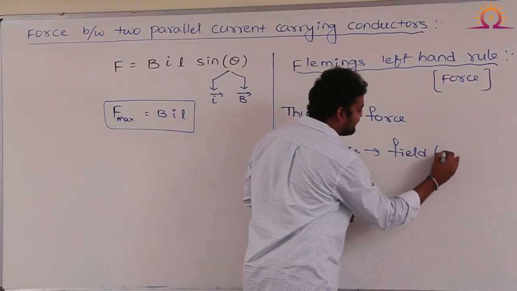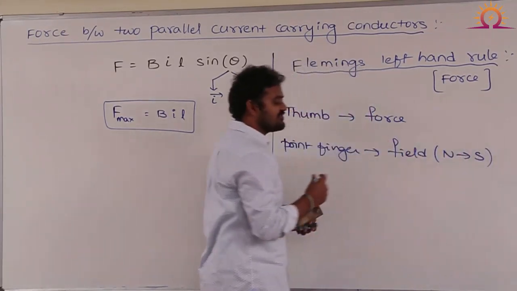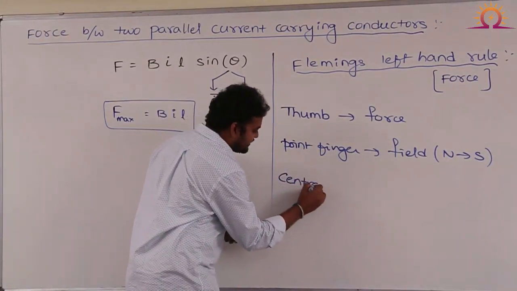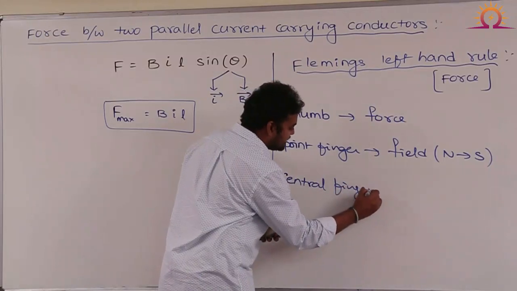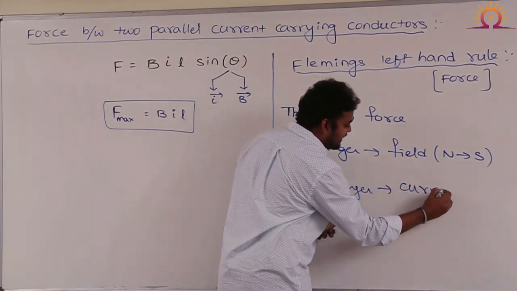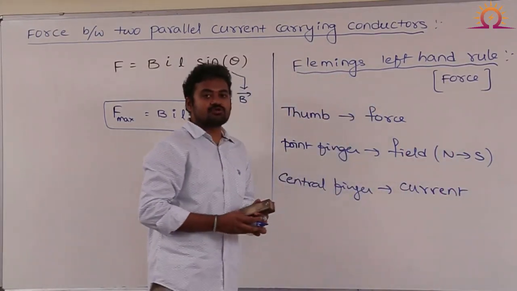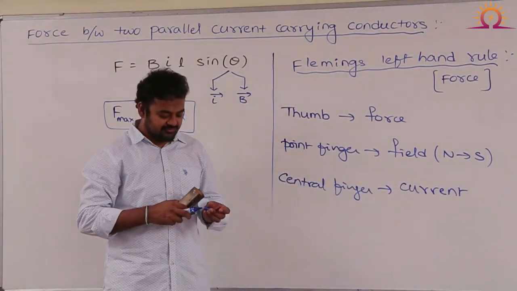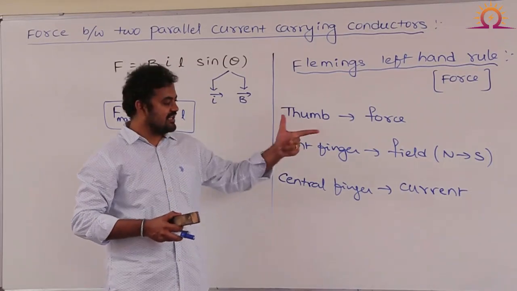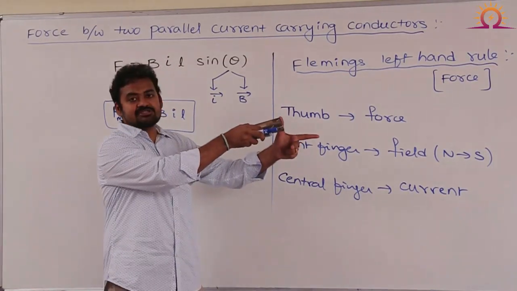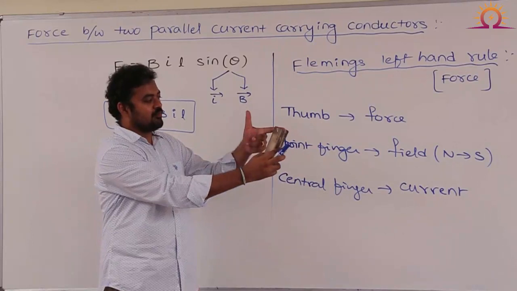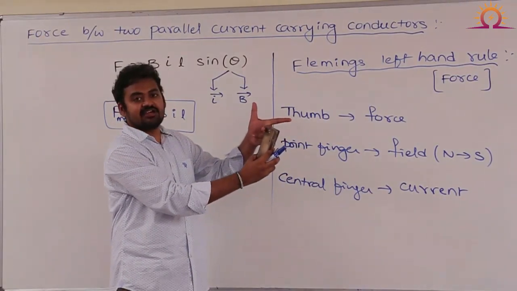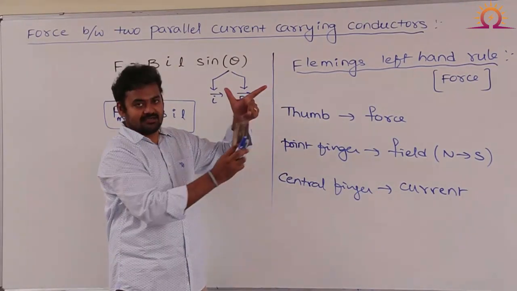We know magnetic field in air gap is always from north pole to south pole. And the central finger will represent the direction of current carried by conductor. So if you know any two directions, the third can be identified.